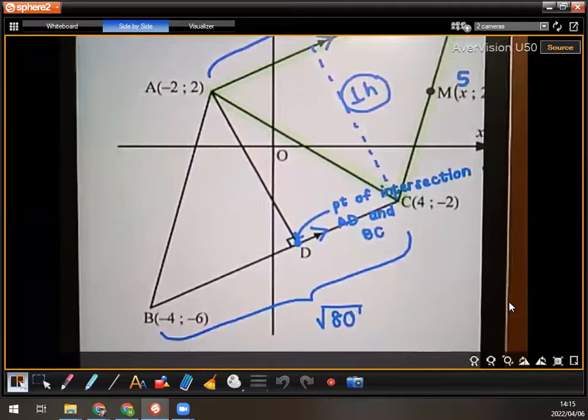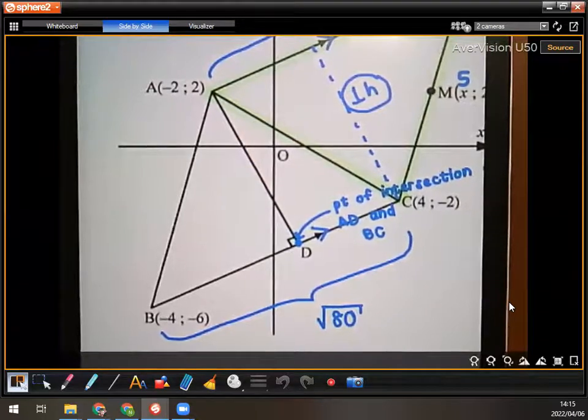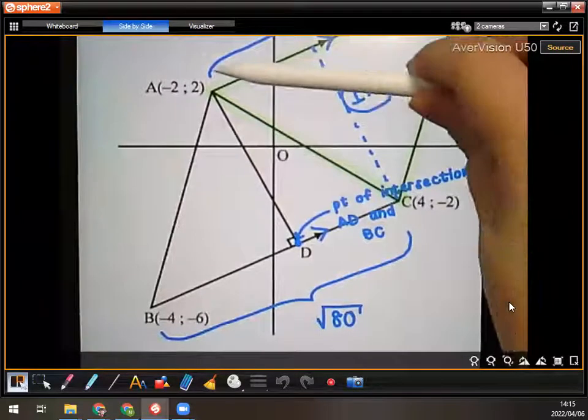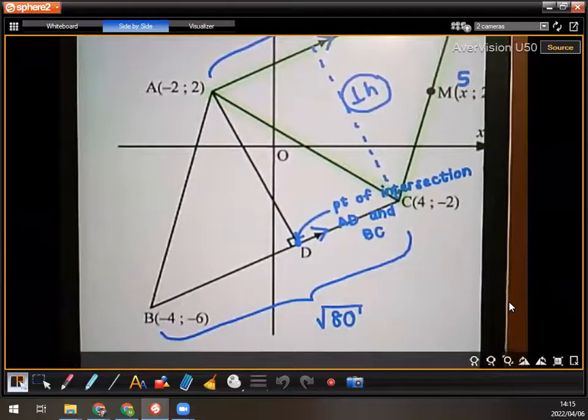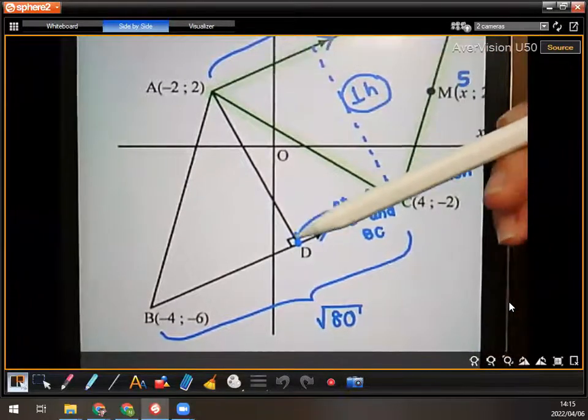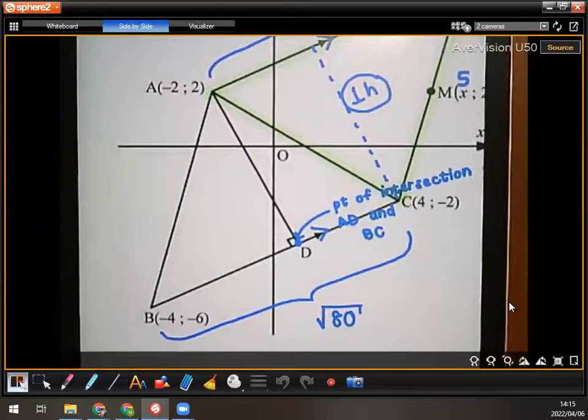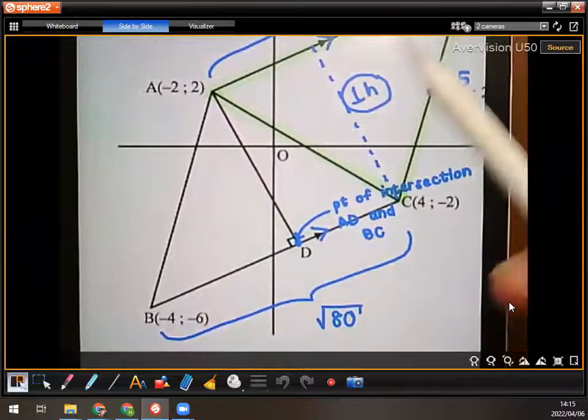We call that an altitude. Remember, we worked with those three lines. We have a median, which is from one vertex to the midpoint of the opposite side. We have an altitude, which is from one vertex perpendicular to the opposite side. And then you have a perpendicular bisector, which is a combination of the two. So in this question, they're not saying find the equation of the altitude, but you have to look at the picture and see that that is what it is.